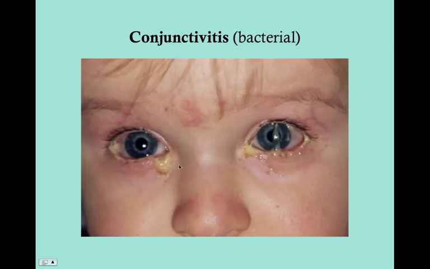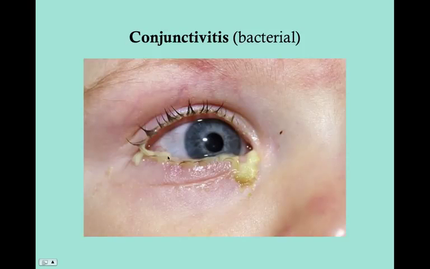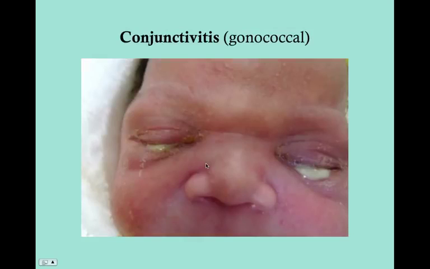So here it is in a child. You don't see quite as much of the injection, but you definitely see that purulent drainage. So in gonococcal conjunctivitis, typically you're going to see this in newborns. And this is typically associated with copious amounts of discharge.